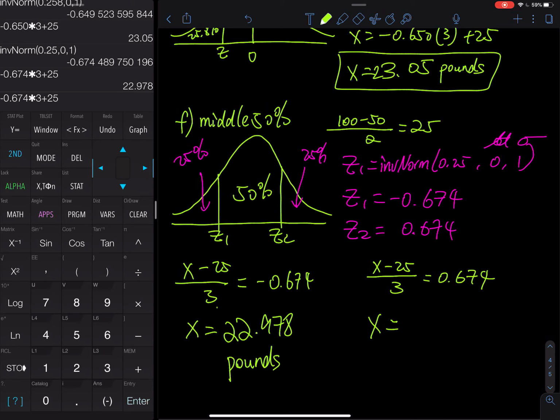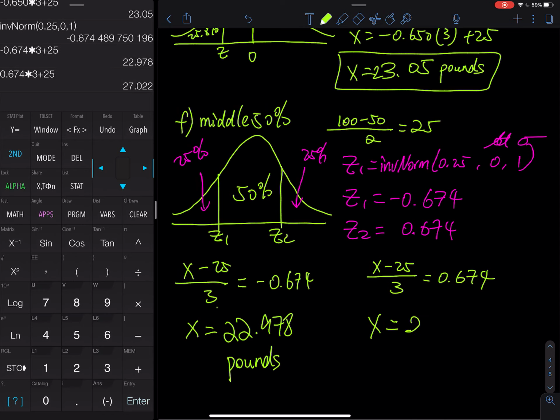And then all you have to do is click the DEL button. DEL means delete. That is on the right side of the mode key. So click DEL, and then there you go. So this is 27.022 pounds. So if your beagle's weight is between these two numbers, then your beagle's weight is the middle 50% compared to all other male beagles.